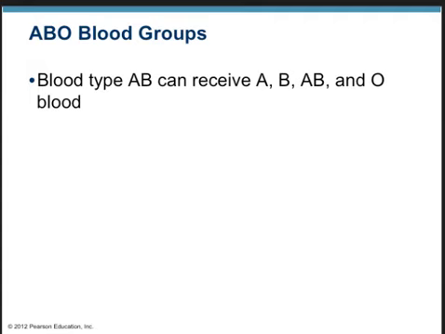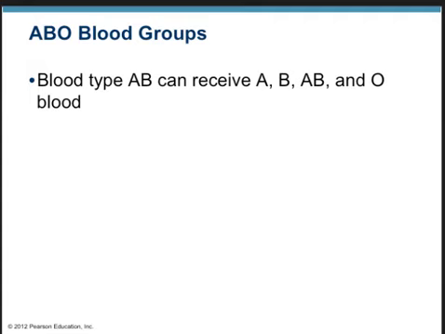antigens. ABO blood group is coded for by a set of genes that are in a specific location inside human DNA. Individuals that have the gene for the A and the B antigen have blood type AB. They express both the A and B antigen on the surface of their red blood cells.